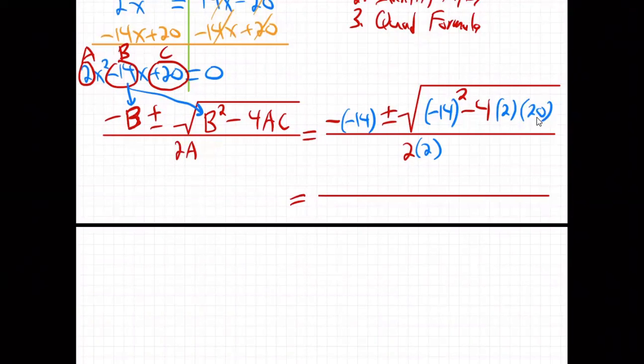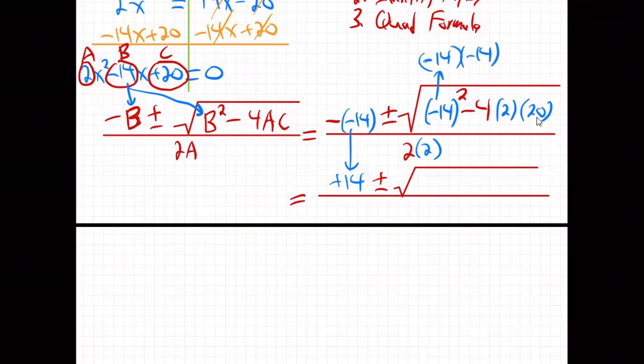So let's see, this is double negative, so this is positive 14 right there, plus or minus the square root of, and now just use your calculator. This means negative 14 times negative 14. And you know it's going to be positive, right?